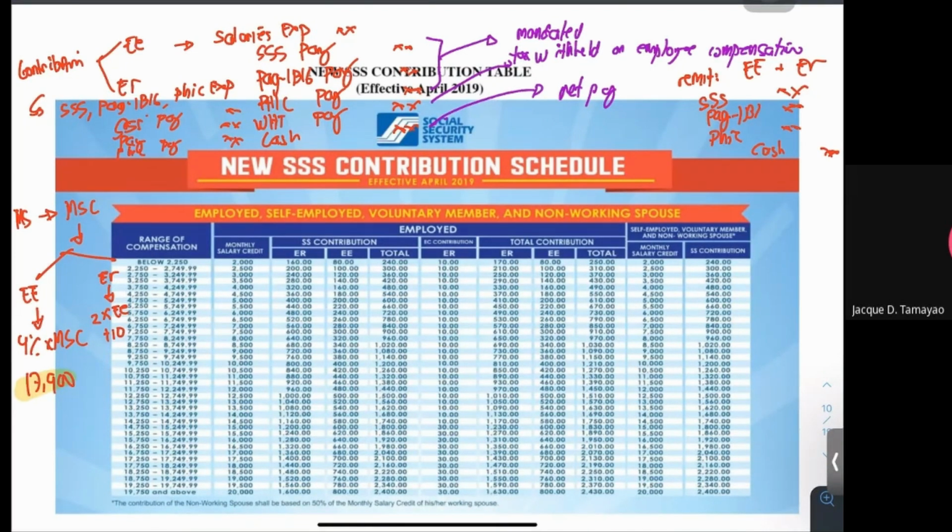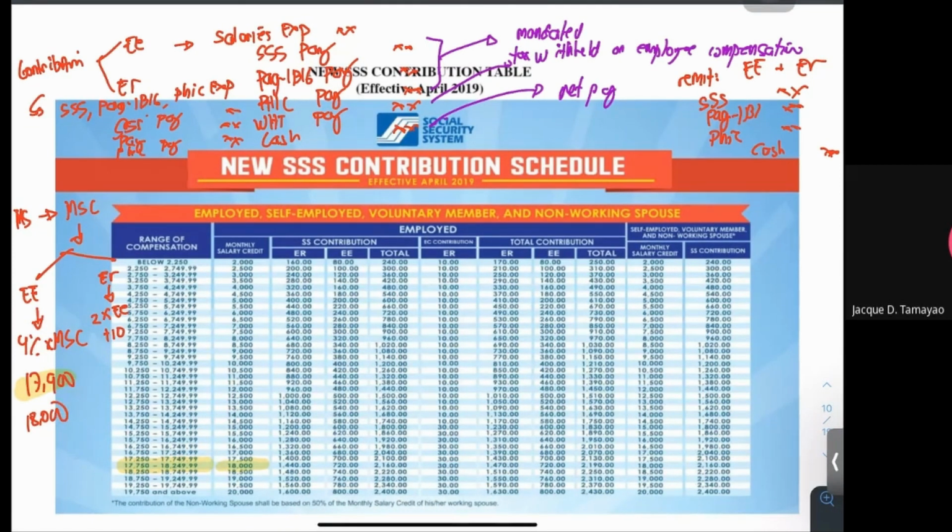That is 17,750 up to 18,249.99. So 17,900 is within that range. So we need to get our monthly salary credit. Our monthly salary credit is 18,000.